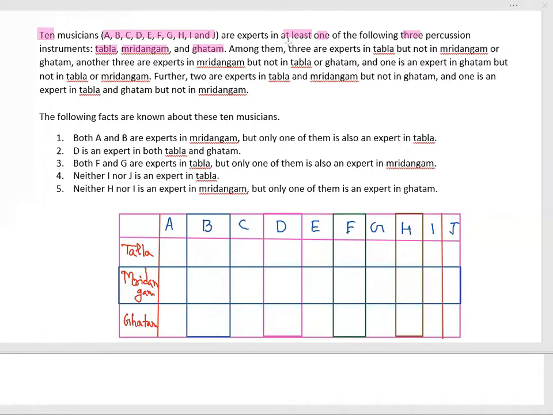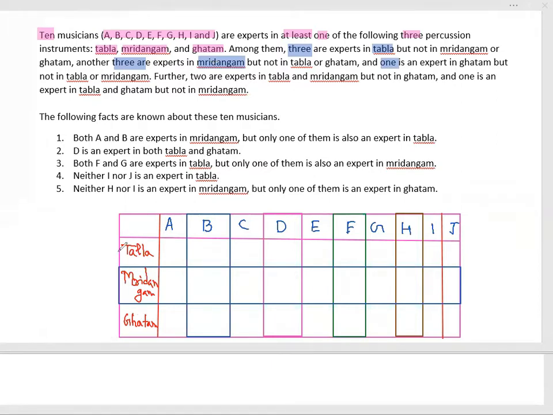Among them, three are experts in tabla but not in mridangam or ghatam. Another three are experts in mridangam but not in tabla and ghatam, and one is an expert in ghatam but not in tabla or mridangam. Let's write down this information.